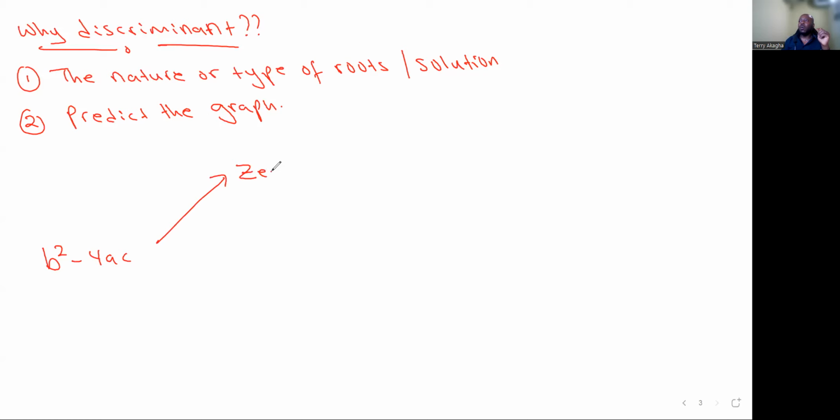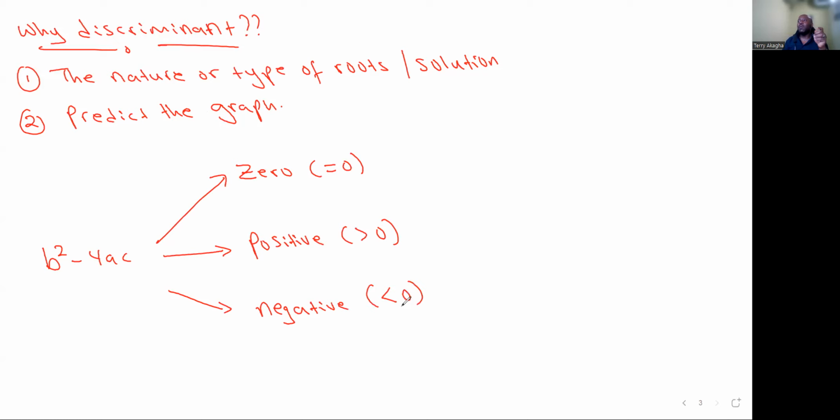If you have 0, what does that mean? Your answer could be positive. If it's positive, we mean that it's greater than what? 0. Or it could be negative. And if it's negative, it means that it's less than what? 0. What does that imply?